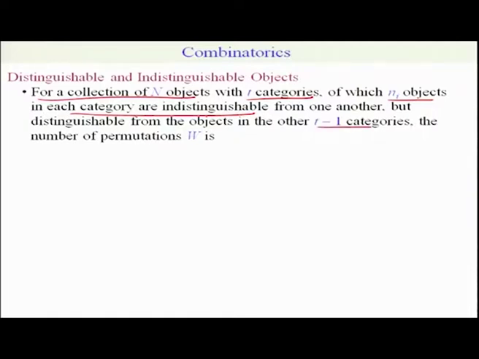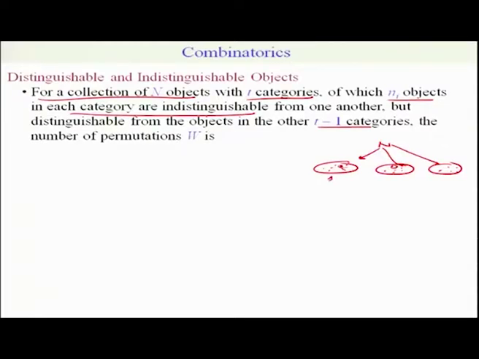What does it mean? You have n objects which can be segregated into different categories, and within each category the objects are not distinguishable from each other, but are distinguishable from those in another category.